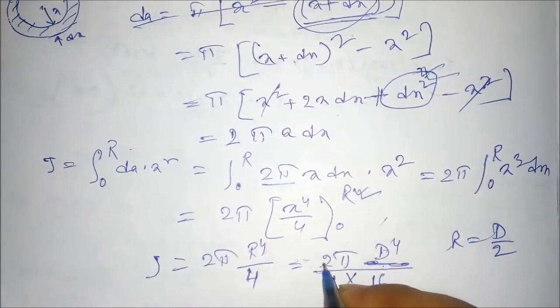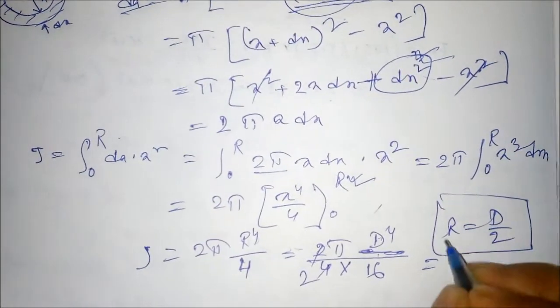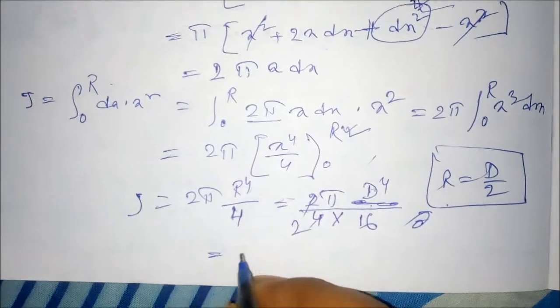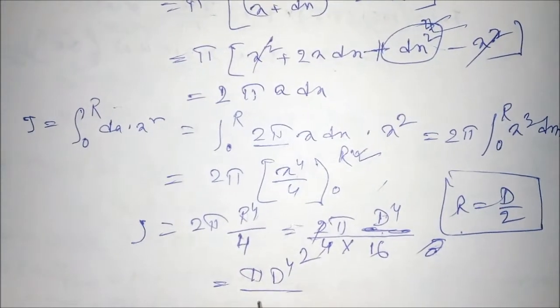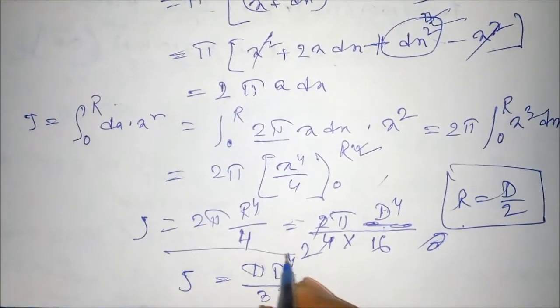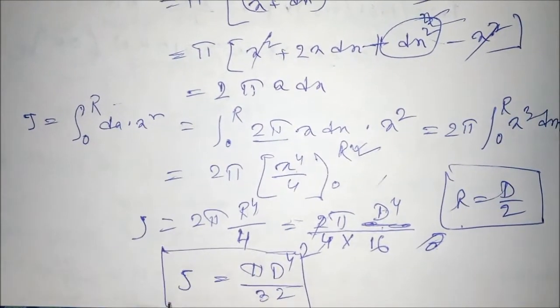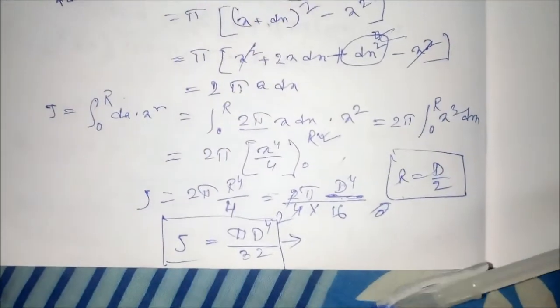If you cancel this, you will get pi d to the power 4 by 32. This is the value of J, the polar moment of inertia.